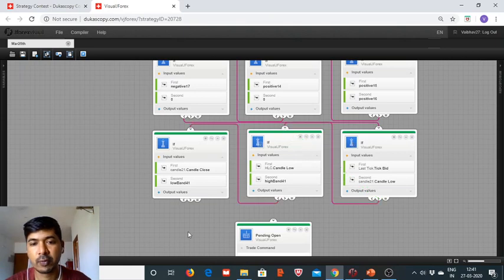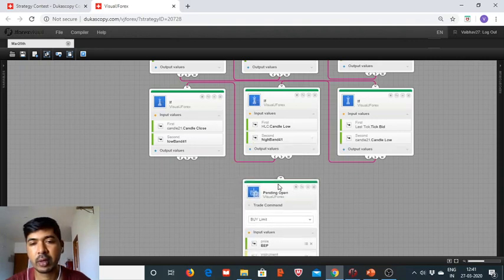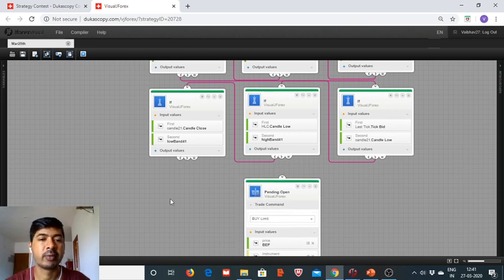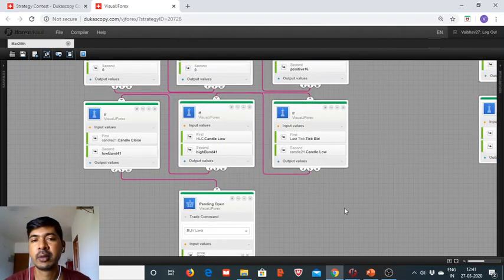So here we have changed the flow, and now these two conditions will be checked prior to execution of the order, and then the order will be placed if the conditions are fulfilled. So we want the candle close to be above the lower band. Candle low is less than the high band.